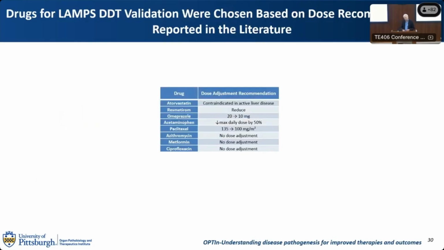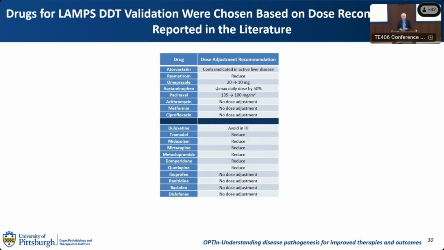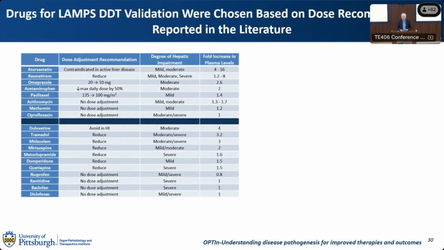Now, when we initially proposed this in our LOI, we proposed 8 drugs to use for validation, 3 of which in the literature had no dose adjustment recommendations, and 4 which had different levels of dose adjustment recommendations. In our LOI, when it was accepted, the FDA said, well, you might want to expand that number of drugs, and you might want to justify why you're using those particular drugs.